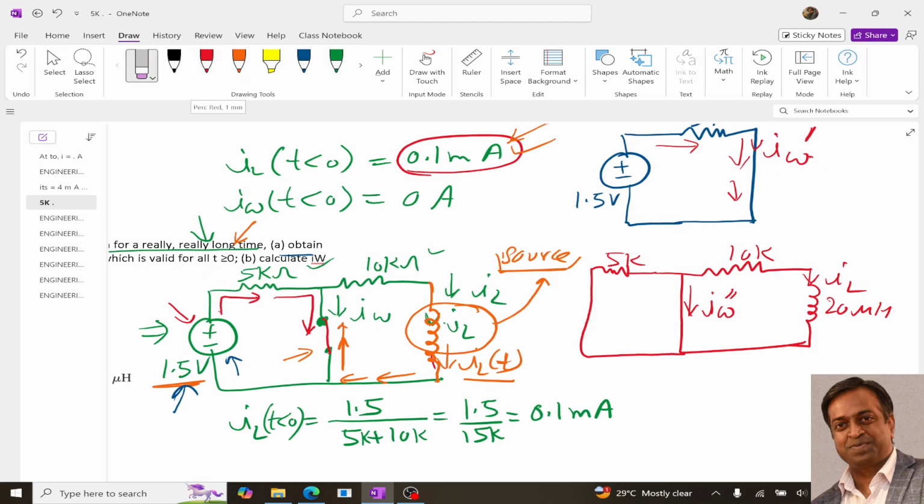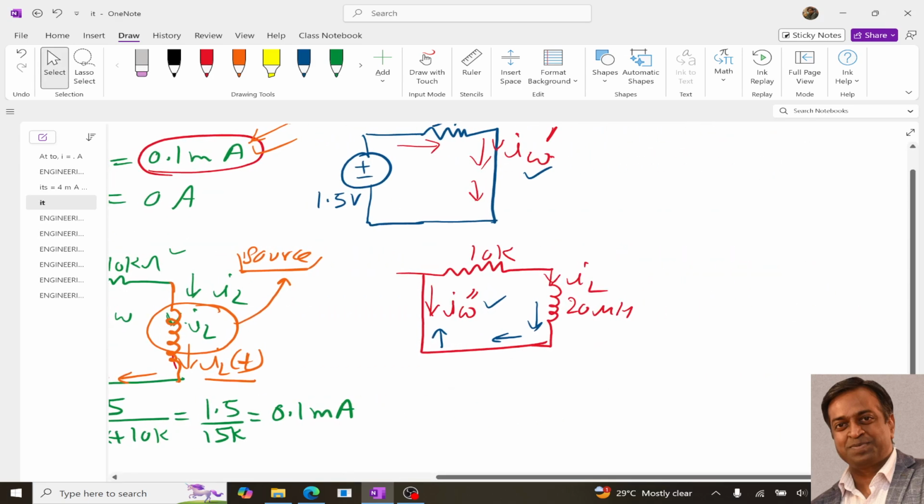Over here again, the current due to this is going to take a short circuit path. So this current will be 0, and since it is 0, it means we can remove this part of the circuit. Removing this part, we are left with only this part. Now we need to determine this IW dash and IW double dash.